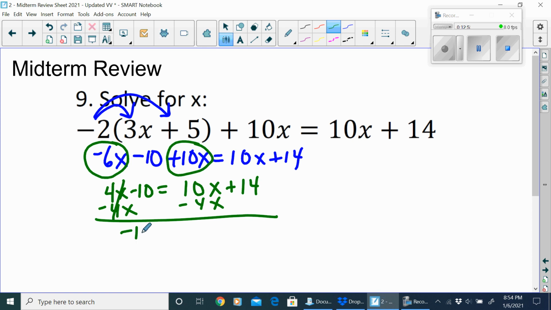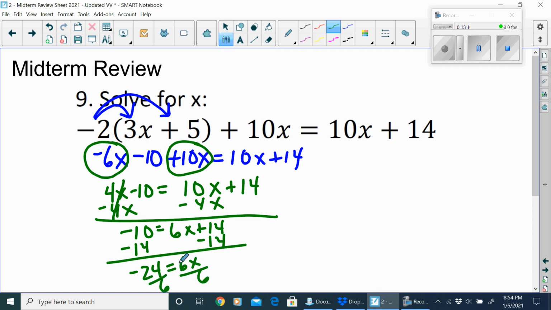And I get negative 10 equals 6x plus 14. Subtract the 14. Negative 10 minus 14 is negative 24 equals 6x. Divide by 6. And x equals negative 24 divided by a positive 6, which is negative 4.